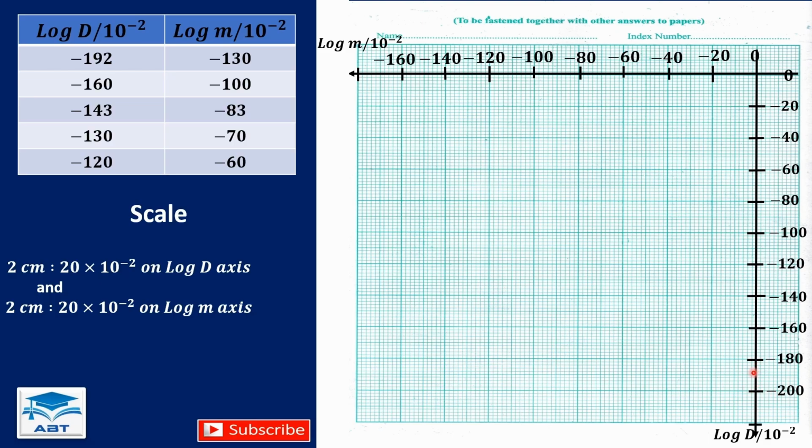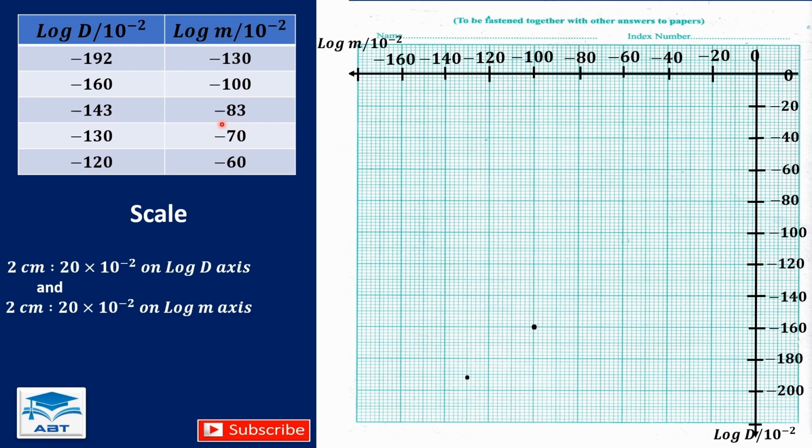We have negative 190. So we'll move one more box and they will meet here. The next one, negative 160 on log D, is here, and negative 100 is also here. So they will meet here.